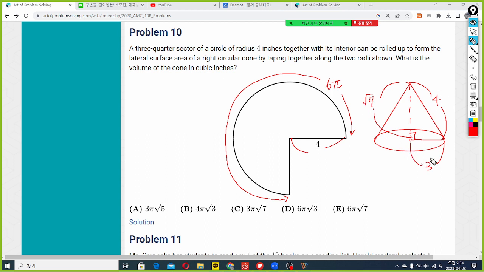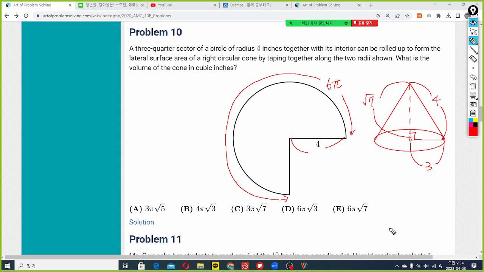We are subtracting because 4 is the hypotenuse. In this case, the height is a leg, not the hypotenuse. So we subtract.